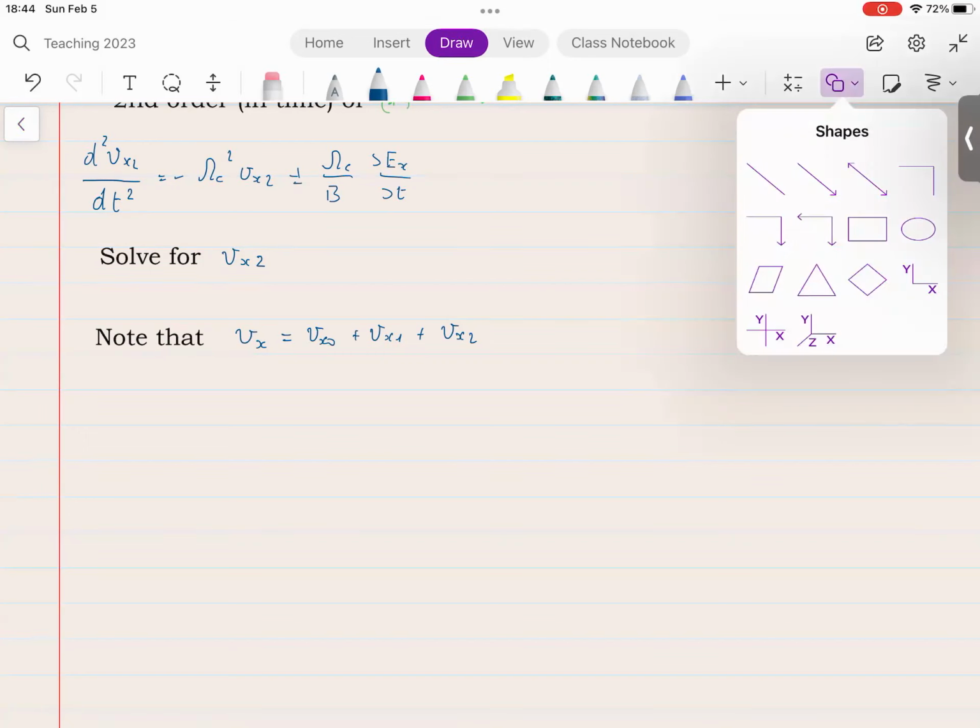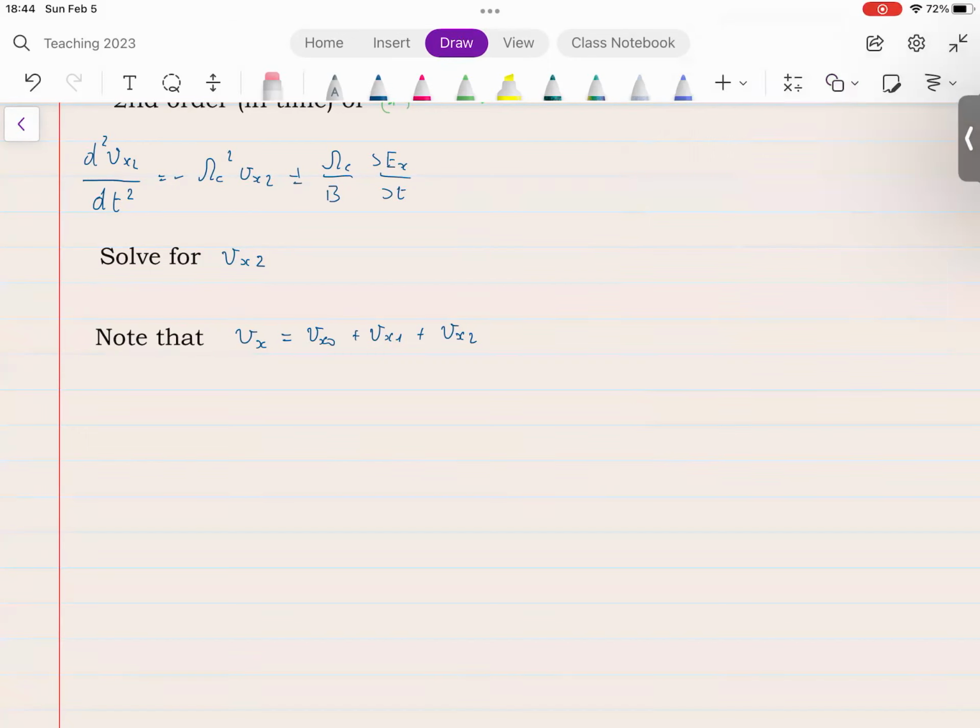And we've already encountered all these pieces.